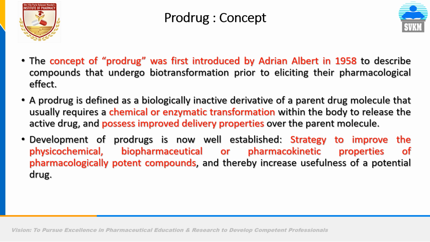Prodrugs are made for several reasons: to improve the physicochemical properties of the compound, to improve the biopharmaceutical and pharmacokinetic properties of the potent molecule, and, of course, very importantly, the pharmacological properties of the molecule can also be increased with the prodrug.